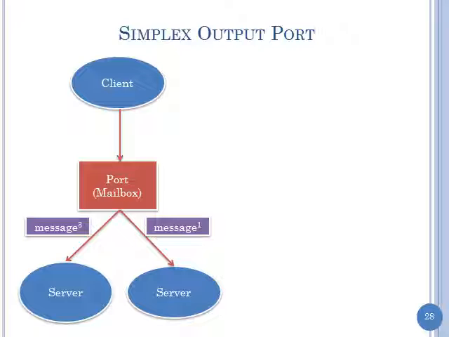In the most general sense, this is an output port. Simplex or duplex doesn't matter. When we go to something called a free port, then your issue becomes a very good issue. But right now I'm putting my theoretical hat on, and maybe it's a practical hat also. One server with multiple clients is a very practical situation. I'm saying the dual of that is one client and multiple servers.